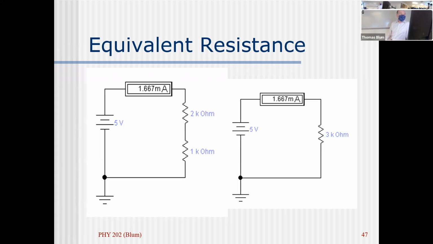When you report to me a current, this is an old version of the program, and it puts the M and the A next to each other. In the current version of the system, the M and the A get a little bit separated. But you must always, if there's an M, you must report it to me, otherwise you're wrong. If I have a table of things and have an M at the top, I want it to be in milliamps.